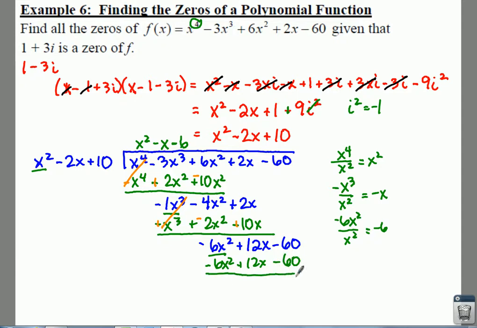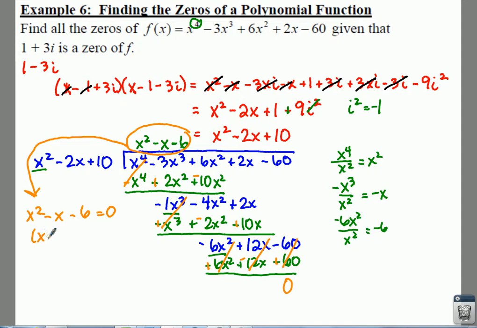And you're going to find out that once you change all your signs, everything cancels as it should, which means we have a remainder of 0, which is great because now we can factor this by setting it equal to 0 and find our other two zeros.